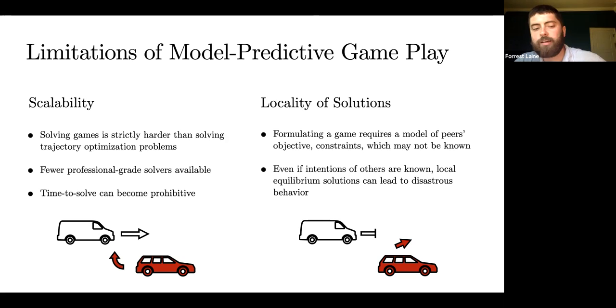So let's say that our algorithm computes the equilibrium on the left-hand side, where the van speeds up and the station wagon slows down. If we're the station wagon, a self-driving station wagon, then the decision that it might autonomously compute is: okay, I should slow down and then I should change lanes.